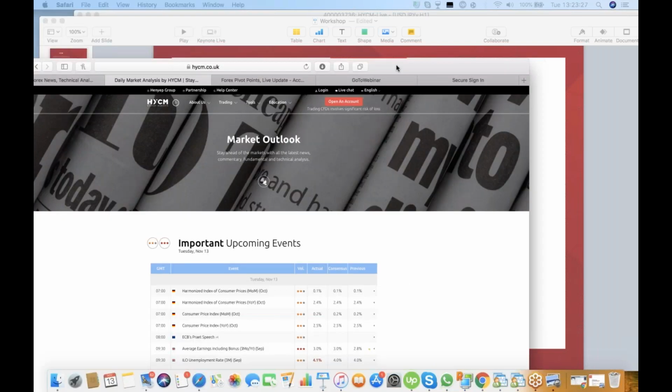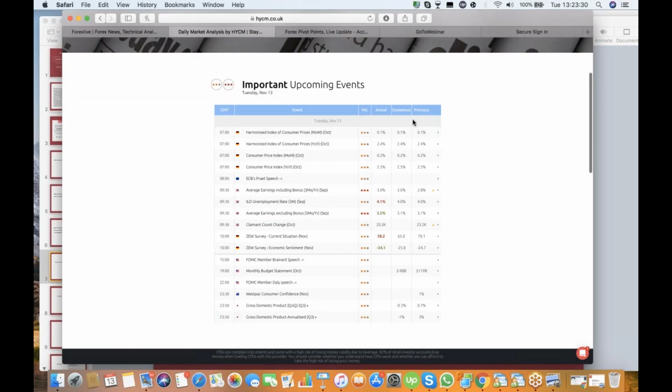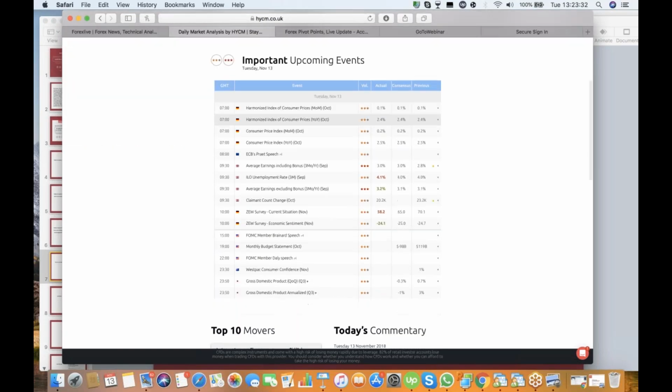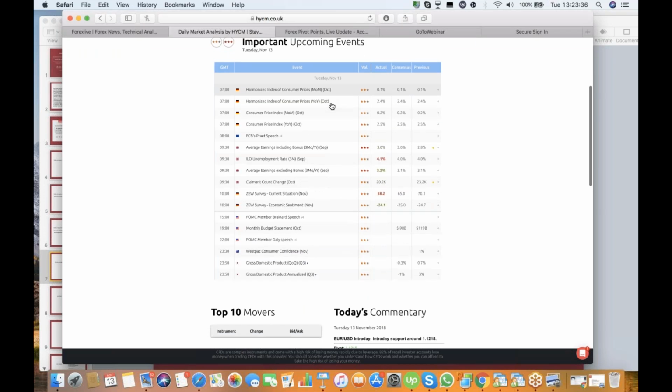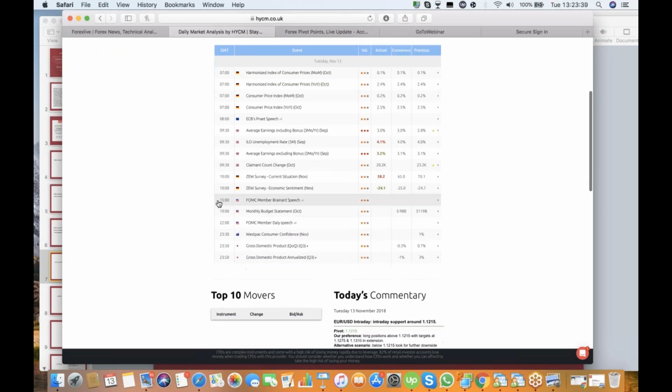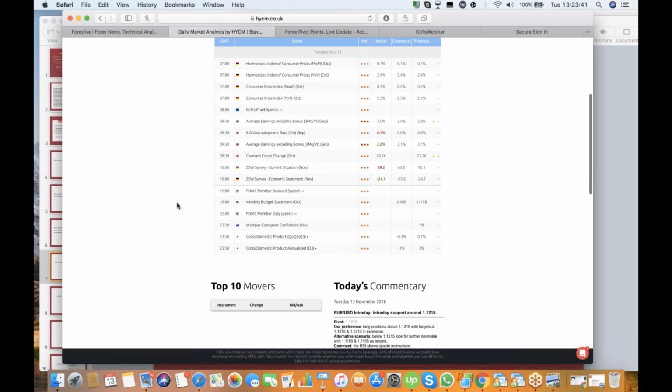I'm going to bring the calendar over in front of us. So here's a calendar. We have the important upcoming events. This is Tuesday, November the 13th. We are now here, that's the next event. We've got an FOMC member speaking. Do we have anything that is particularly market moving? US budget statement.